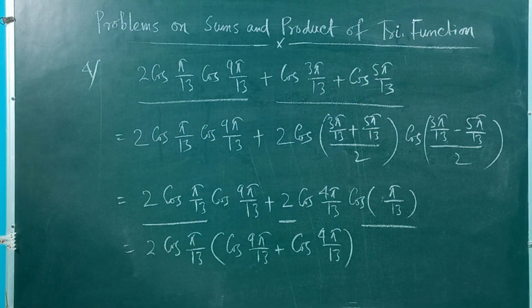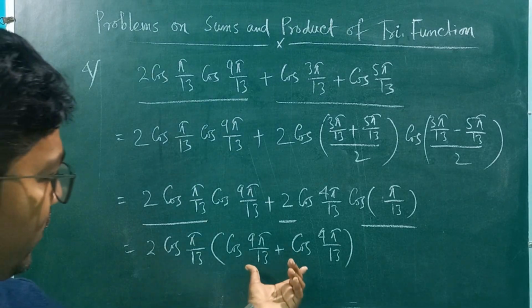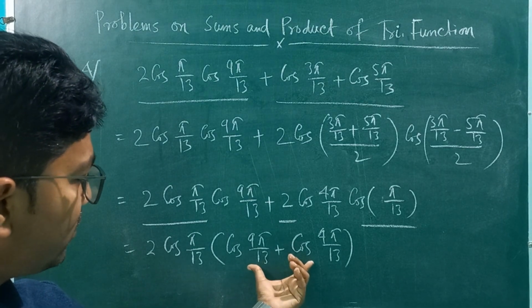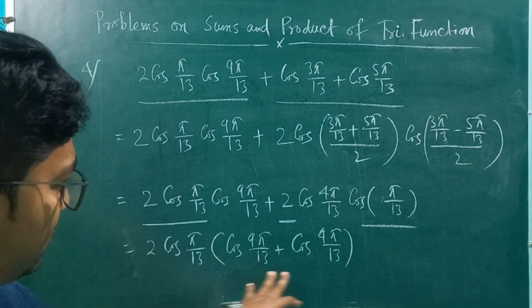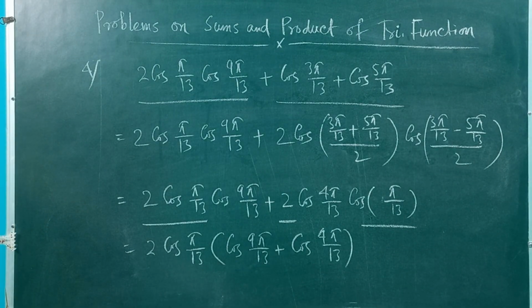Clear to everyone? Now I will convert these sums into product. This one is cos c plus cos d. Again I will apply the rule.